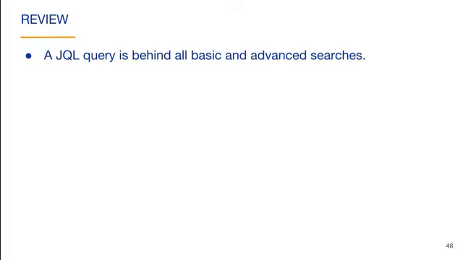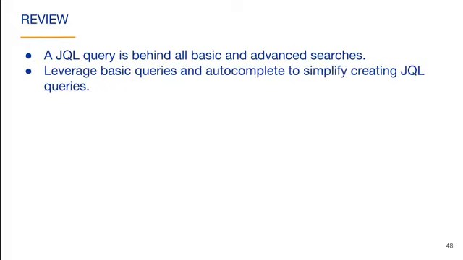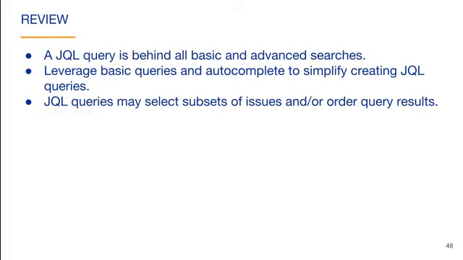Here's a review of what we've discussed in this video. A JQL query is behind all basic and advanced searches. Leverage basic queries and autocomplete to simplify creating JQL queries. JQL queries may select subsets of issues and/or order query results.